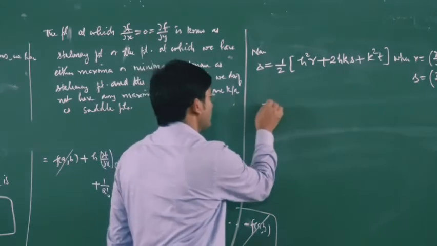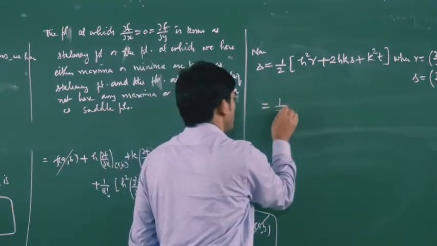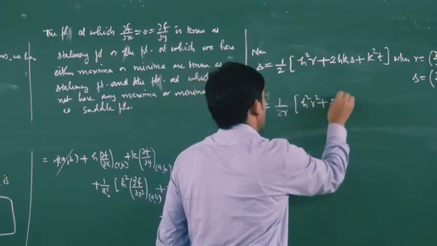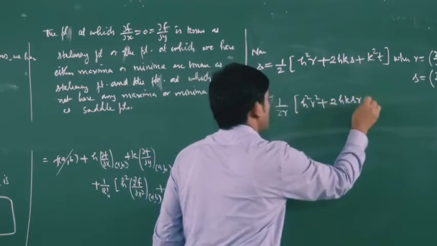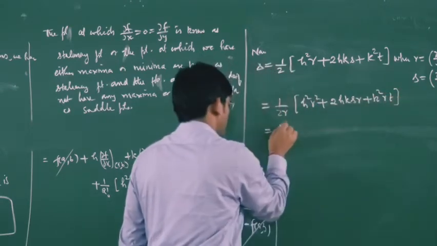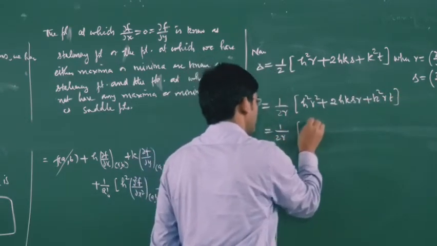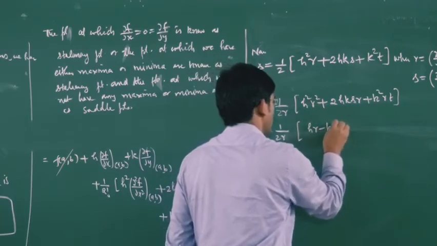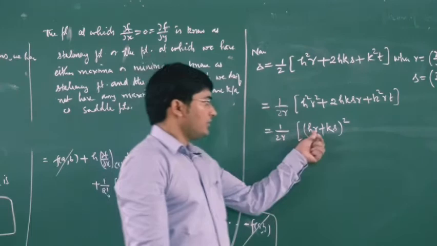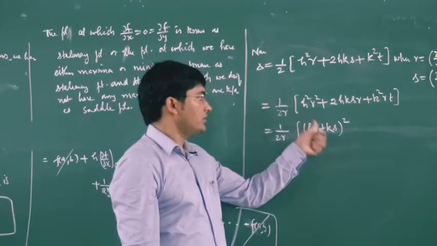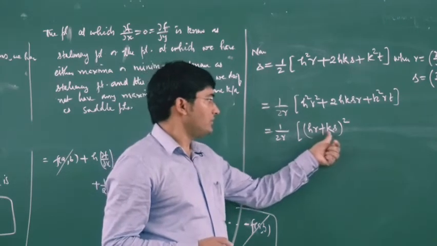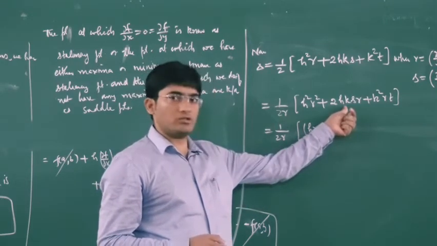Now let us divide this equation by r. So this will be 1 by 2r, h square r square plus 2hks into r, then we will have k square r into t. Now this numerator can be written as hr plus ks whole square, because this will be a square plus b square, that is k square s square, plus 2 times hkrs, which is this term.